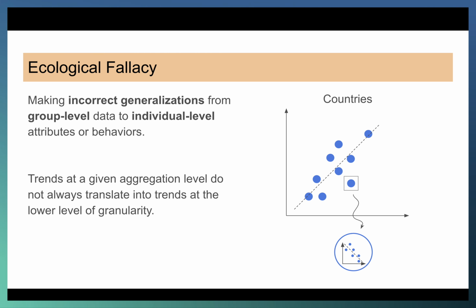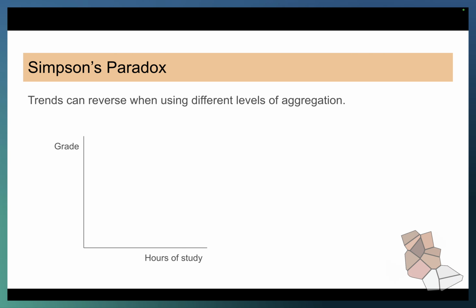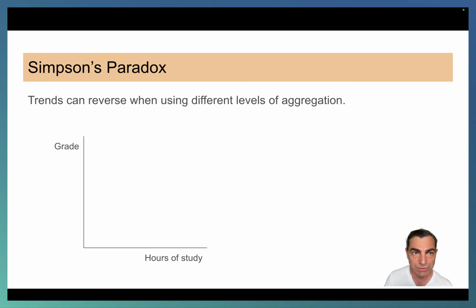So it is possible that when you visualize some information at the level of countries, you see a strong correlation in terms of country data, but that correlation doesn't exist or even reverses when you look at the same data within each country.